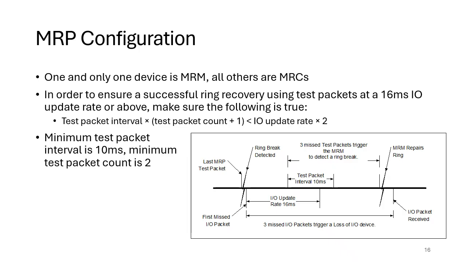So relatively straightforward. Do that calculation and the vendor will provide advice on how to configure that as well. Again, if you're using slower IO update rates, then it's not normally a problem because those test packets are sent quite quickly. So it only becomes an issue if your IO update is 16 milliseconds or faster.